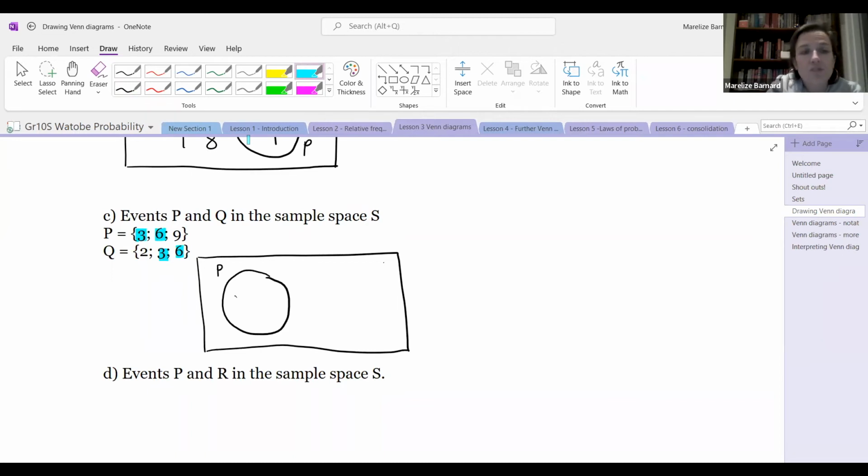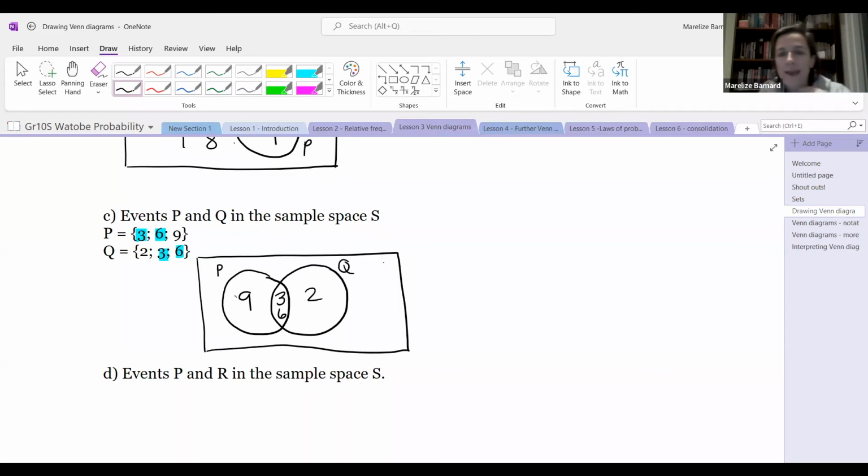So not 1, just 3 and 6. So when we draw P and Q, we need to show that there's intersection. So we draw them overlapping. And the things that they have in common, we put in that overlap. 3 and 6, 9 is still in P, and 2 is still in Q.